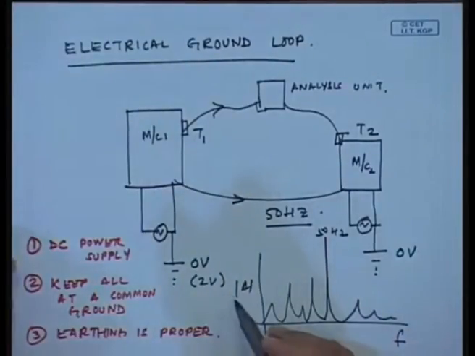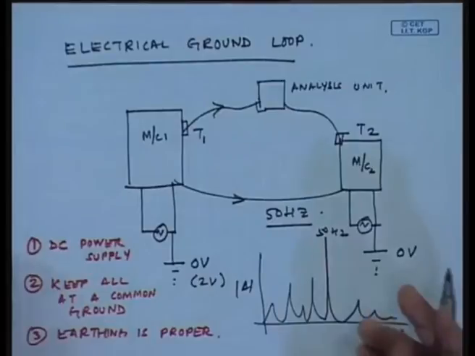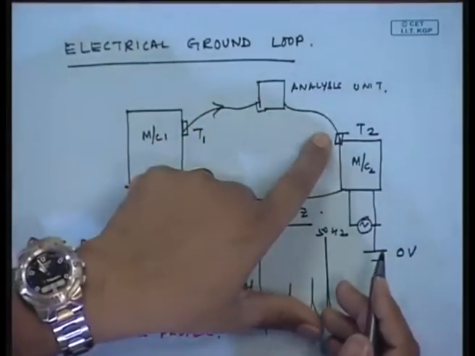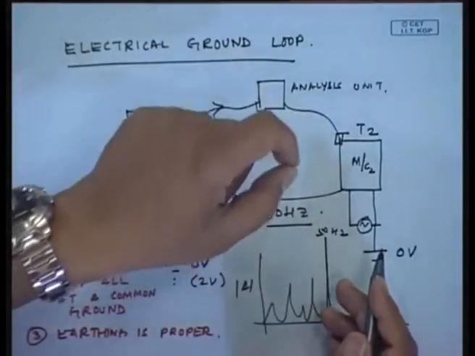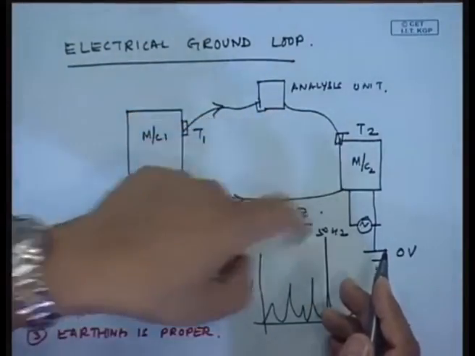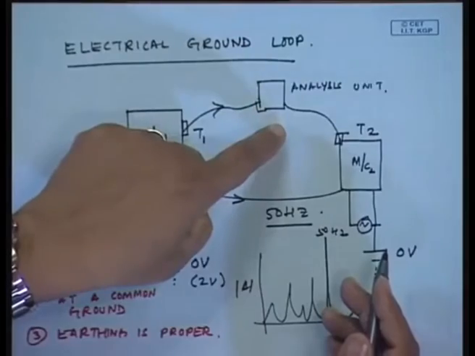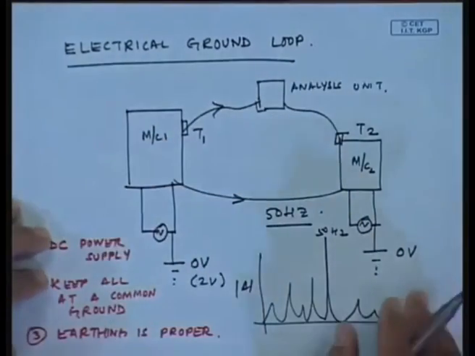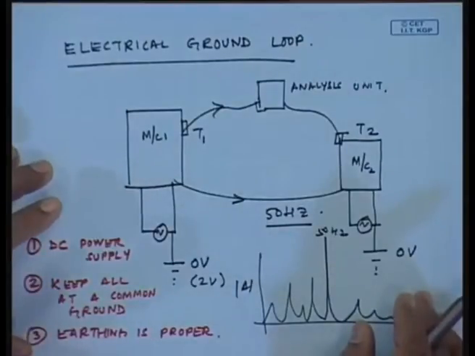Sometimes I have seen earthing voltages of 10 volts in a very poor earth, and this is responsible because these signal carrying cables are actually metal conductors. So, there is a path for the electrons to flow, and they get buried in the signal which is being captured by the transducer. Okay.